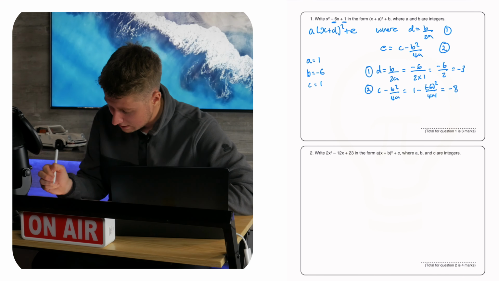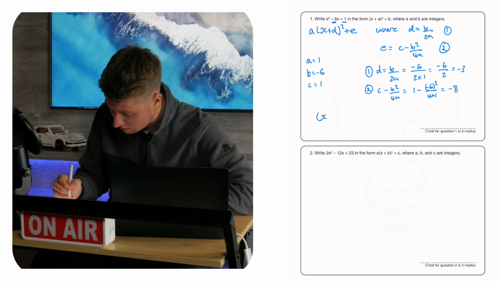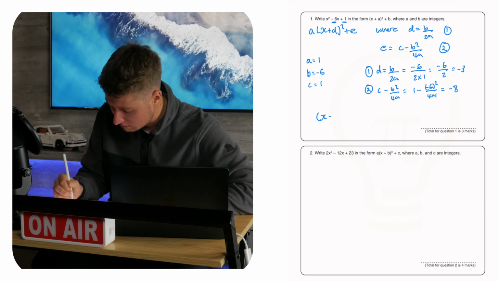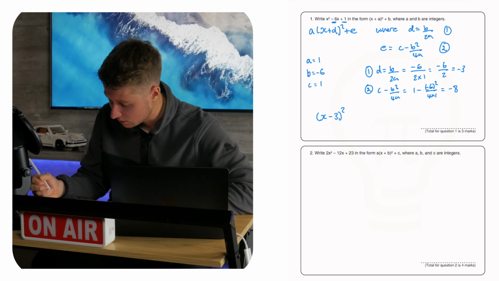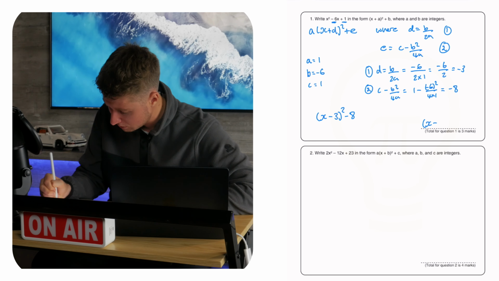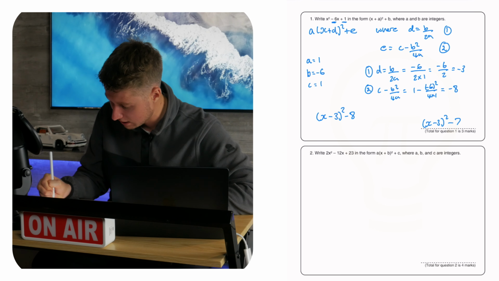So the final answer is going to be x plus d, in this case d is negative 3, so x minus 3 all squared plus e. So e in this case is minus 8. So the final answer is x minus 3 all squared minus 8.